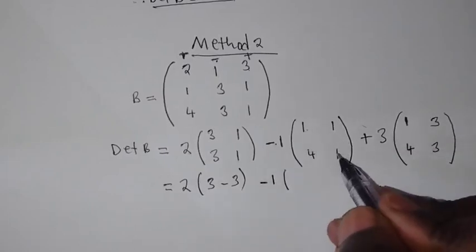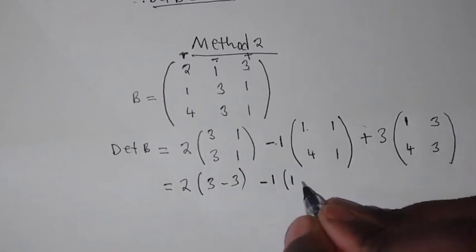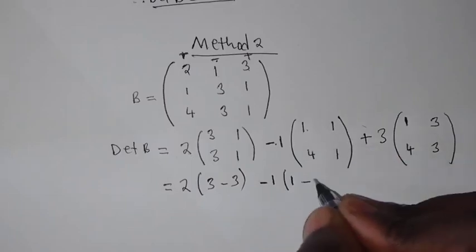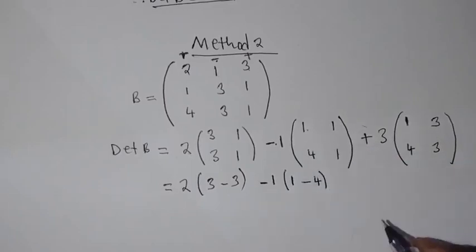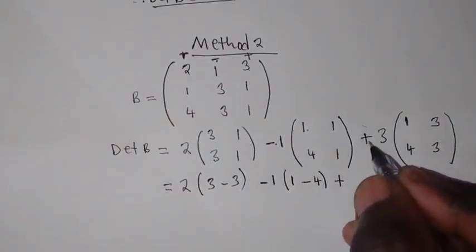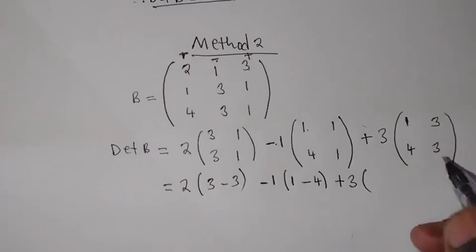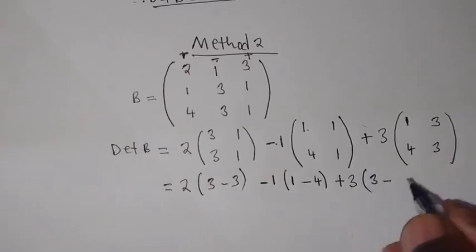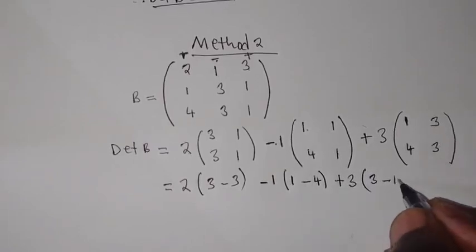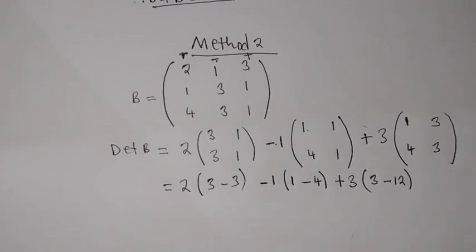Again, 1 times 1, it's a 1. Minus 4 times 1, you get a 4. We are done. Plus these 3 right here. 1 times 3, it's a 3.